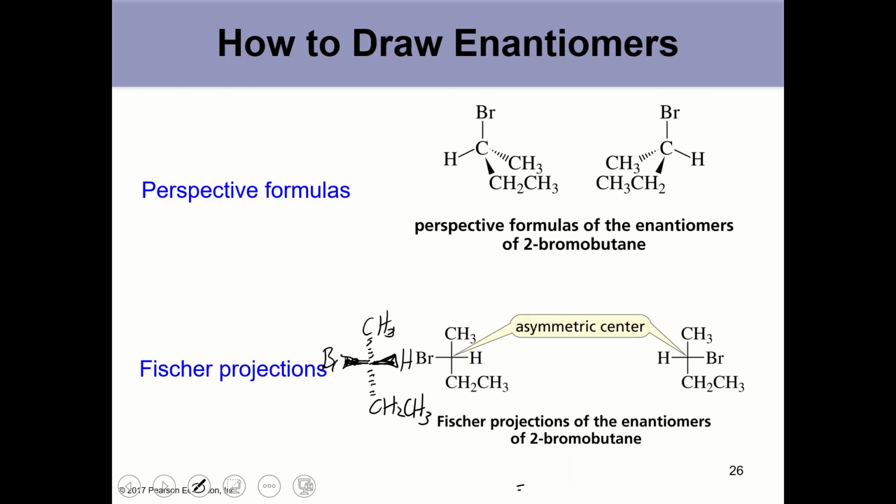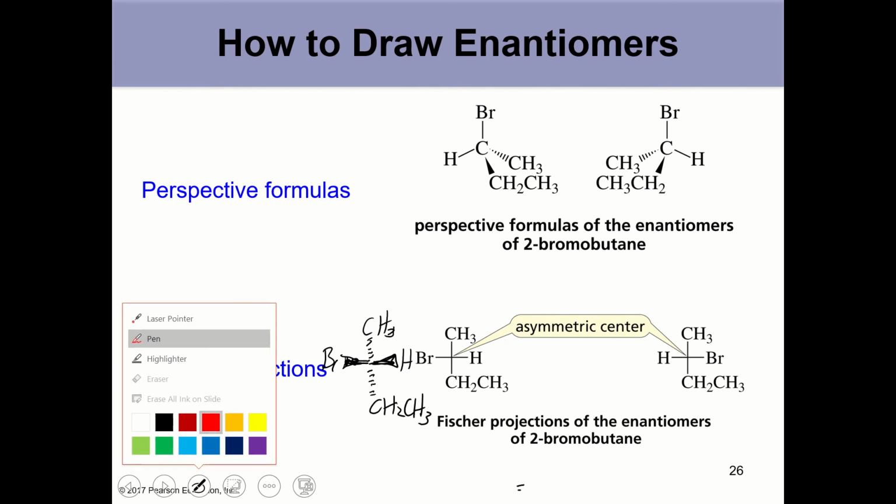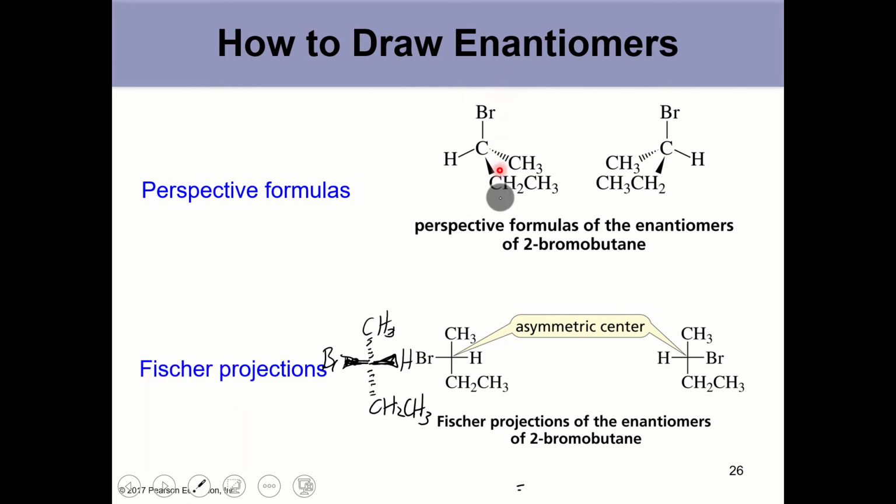Okay. How to draw enantiomers. Perspective formulas of the enantiomers for 2-bromobutane. You should make yourself familiar with drawing perspective formulas. The solid bond comes out towards you, the dashed bond goes back away from you, and the bromine and the hydrogen are perfectly flat in front of you, so they should be parallel to you when you're looking at them.